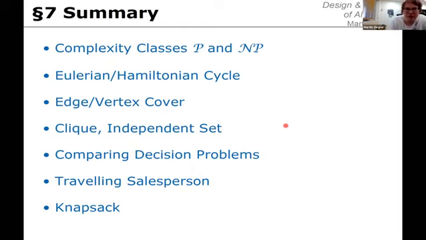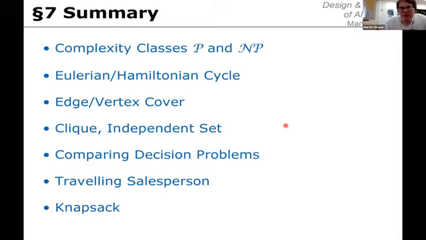Question whether a given graph has a Hamiltonian cycle. Question whether a given graph has an edge cover of size at most k. Question whether the given graph has a vertex cover of size at most k. Question whether the given graph has a clique, a total subgraph of size at least k. Question whether a given graph has an independent set of size at least k.